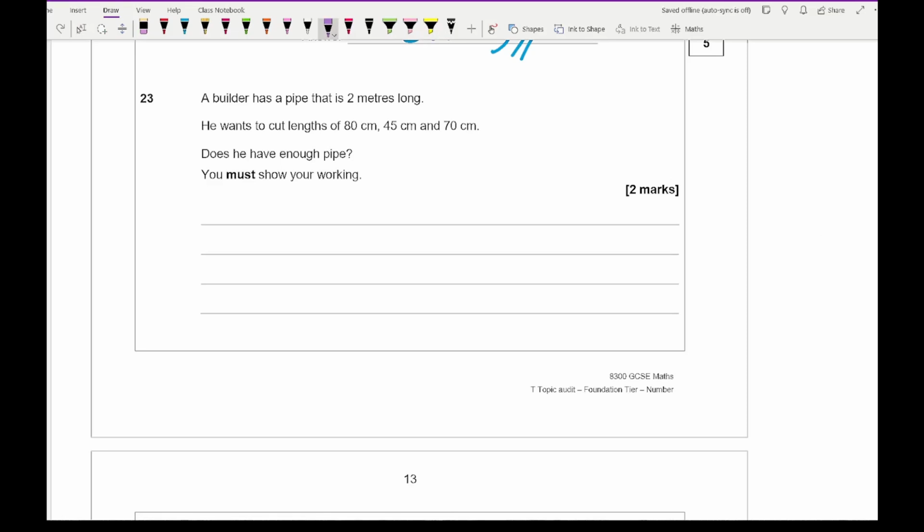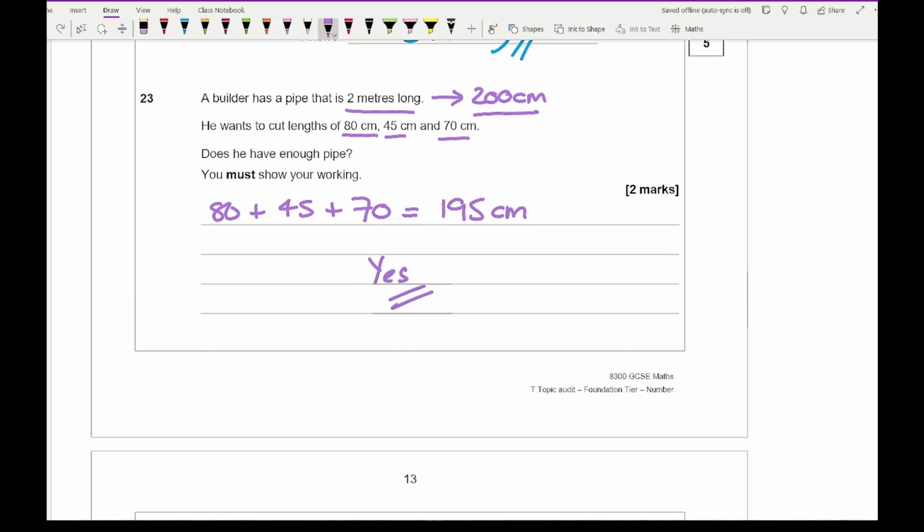So here I'm going to convert 2 meters into 200 centimeters, and I'm just going to be working in centimeters. So if I add these three amounts up, so I've got 80 plus 45 plus 70, which gives me an answer of 195 centimeters. Then if I compare that to 200 centimeters, well, yes, the builder will. So the answer then is yes.